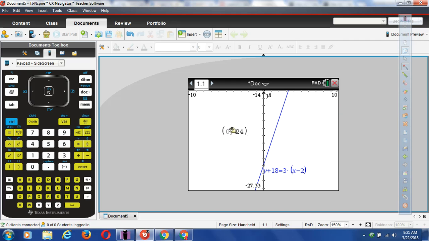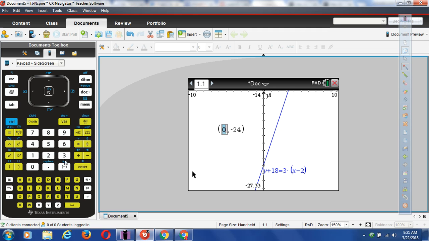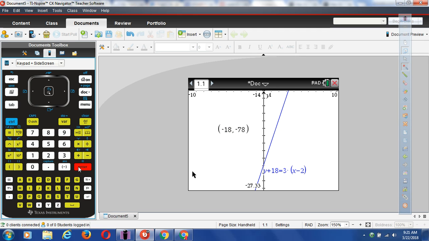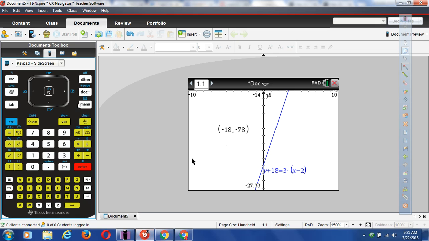Grab the little pair, go to there, and start putting in my numbers. Negative 18, negative 18, negative 78. That can't be right. Okay, so that takes care of B. And you're going to keep going: y plus 18, look at that, 1/3 x minus 2. So it just changed the 1/3, so I'll just change the 1/3 in my calculator.